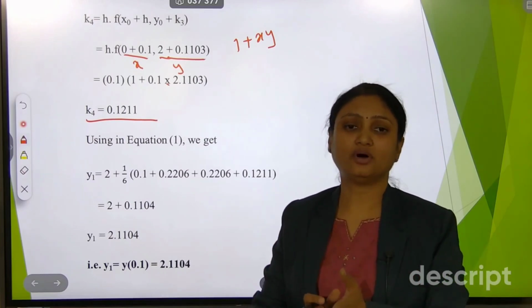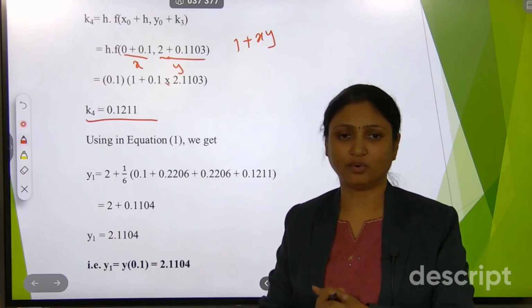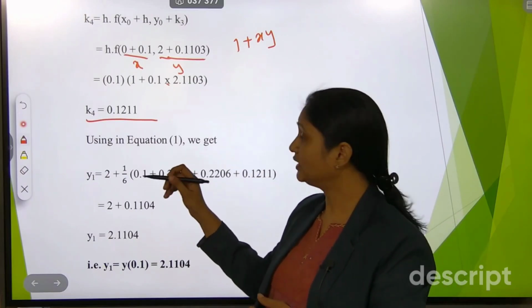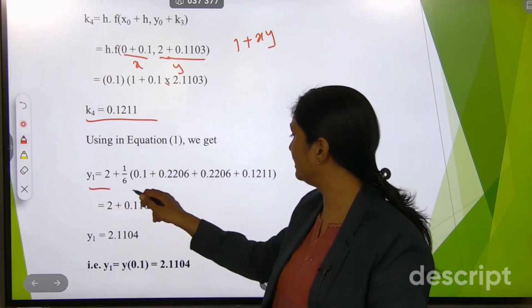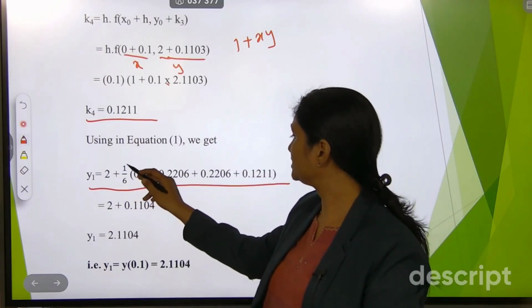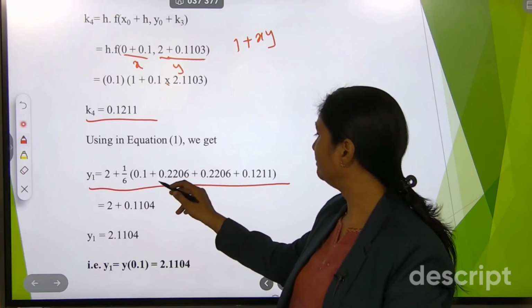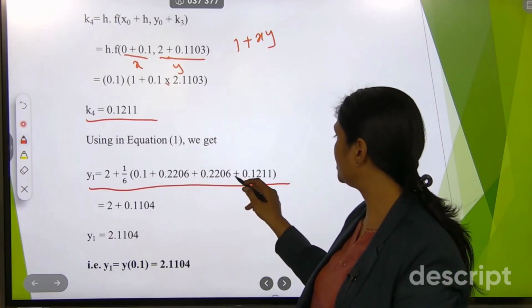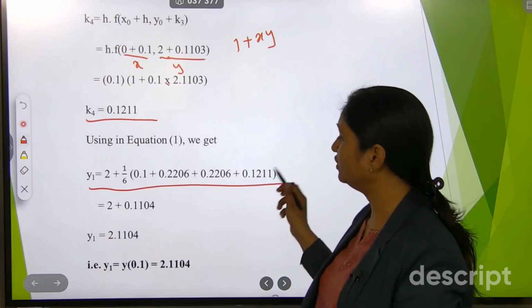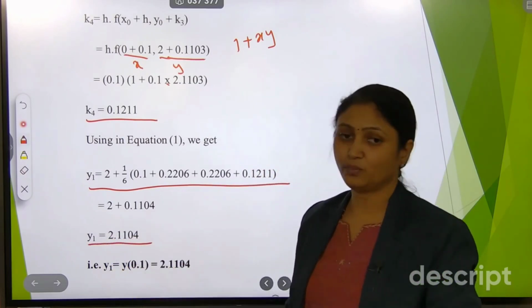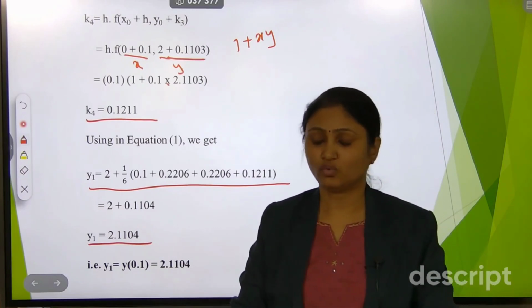So all the values of k1, k2, k3 and k4 we got, and we put them in the original formula, that is y1 is equal to 2 plus 1 by 6 into 0.1 plus 0.2206 plus 0.2206 plus 0.1211. After calculating, we get y1 is equal to 2.1104.